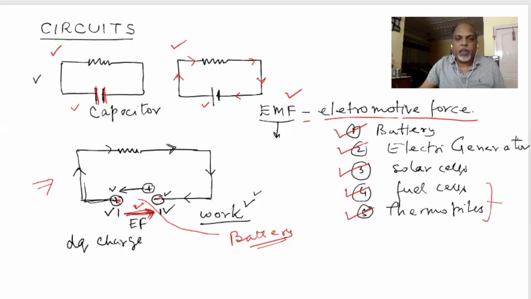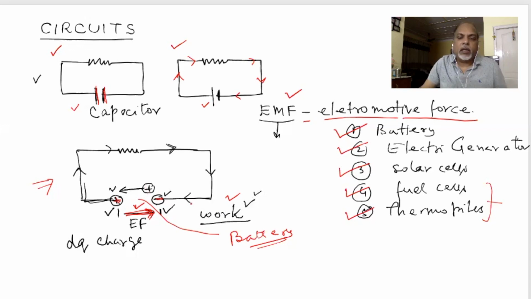Okay. Now, if you are shifting a positive charge carrier from the negative terminal to the positive terminal, then naturally you have to do some work. And this work is done by the chemicals inside the battery.